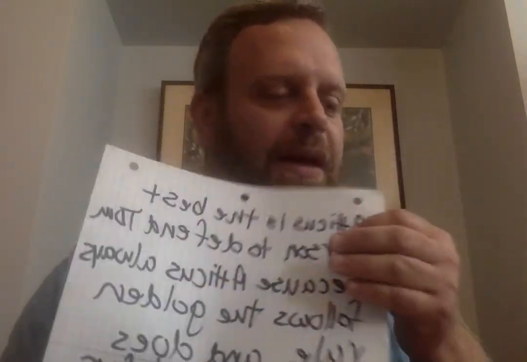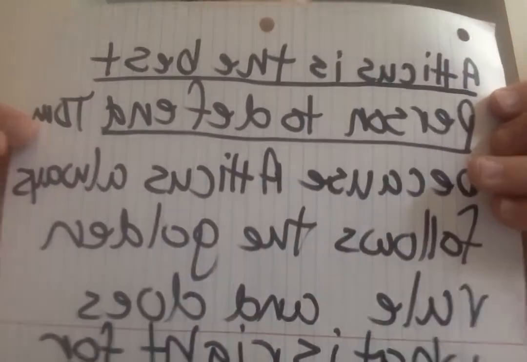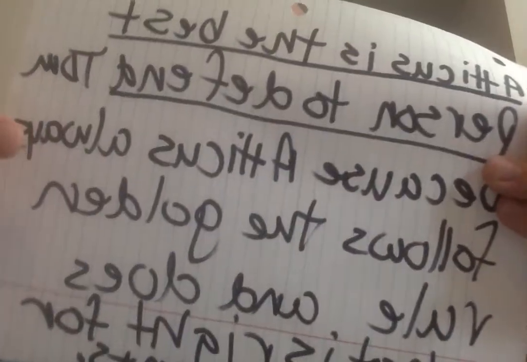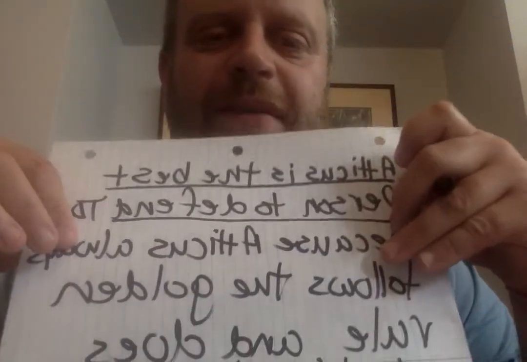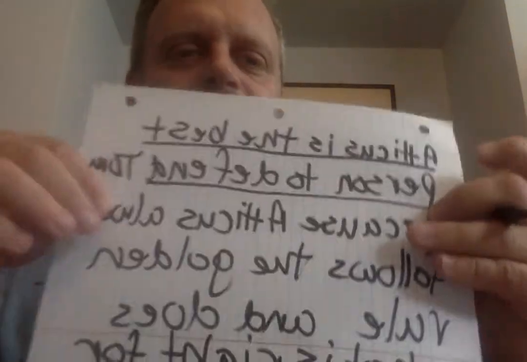If we remember our previous formula of claim plus reasons equals thesis statement, we can break it down and highlight it. Our claim is, and I don't have anything other than black right now, but Atticus is the best person to defend Tom. So this first underlined part is our claim, and then we use the because, which acts like the plus symbol in our mathematic model there, and then we add our two reasons.